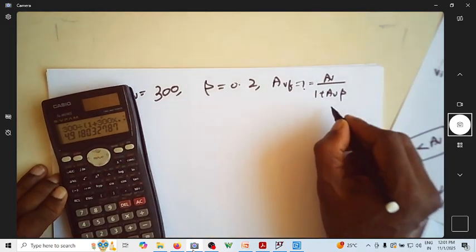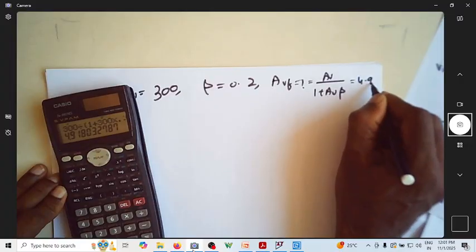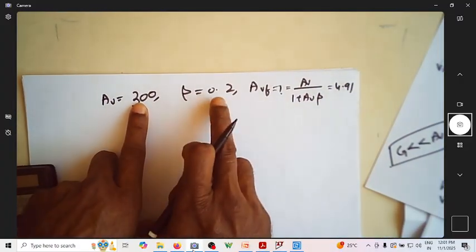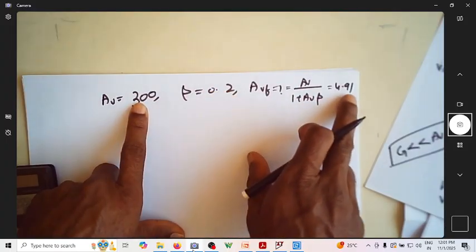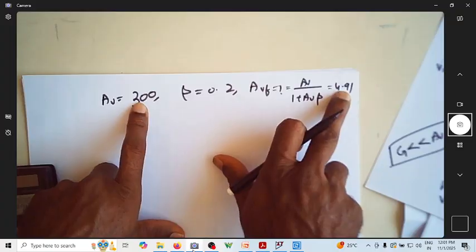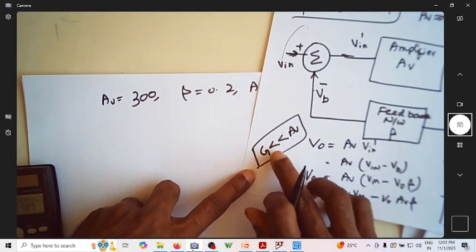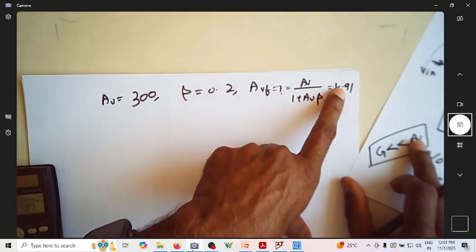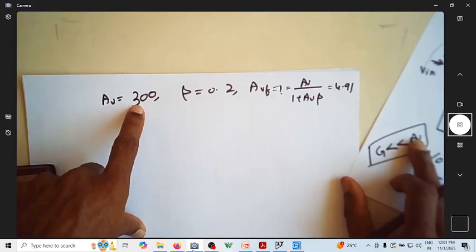Can you see it is 4.91? Even though AV is 300, since you have a feedback factor of 0.2, the overall gain reduces to 4.91. So as I said, overall gain is far less than AV.